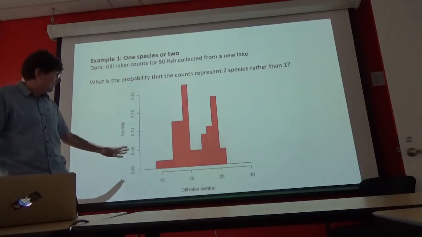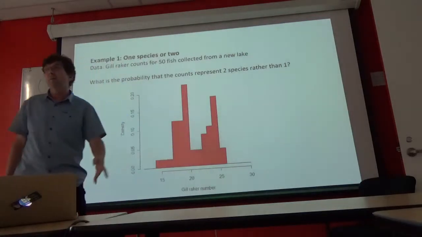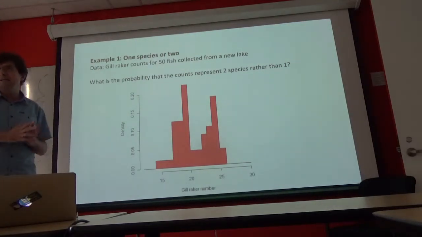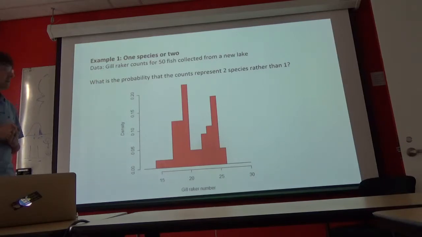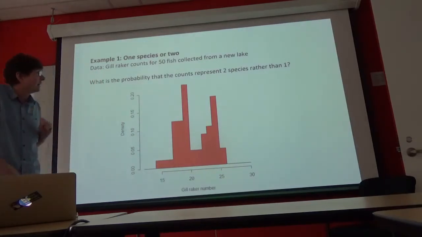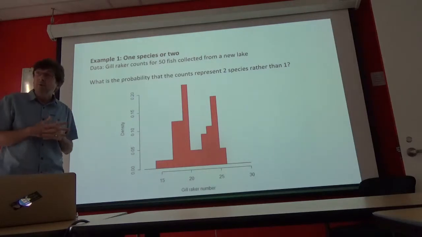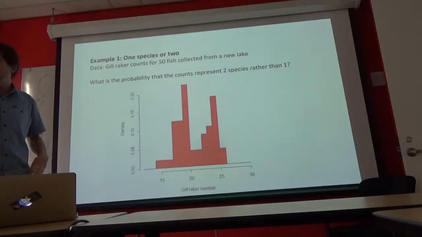And here's the frequency distribution of gillraker numbers that I observed when we measured the fish from this lake. Again, this is an ultra simple case that I'm showing you primarily just to give you an idea of how this works. So there's the frequency distribution of gillraker number, and what we know from everything that we know already is that gillraker number has a unimodal distribution within a single species.